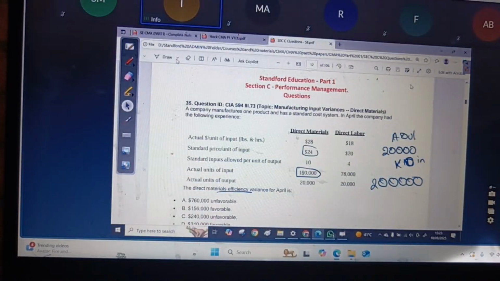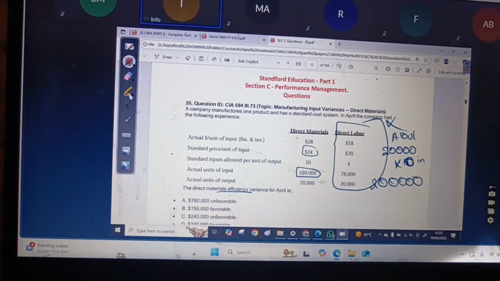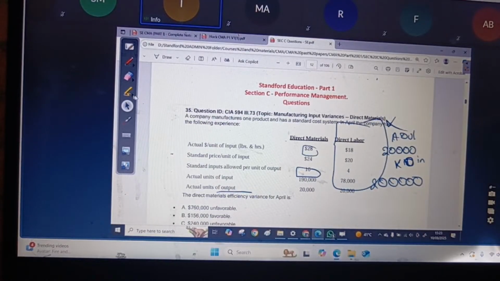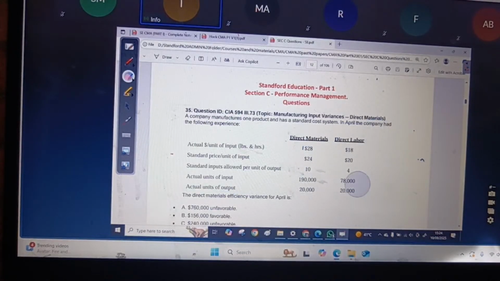This we have to ignore. Now tell me the actual quantity and the standard quantity. This data is only given for confusing. This data we have to ignore.